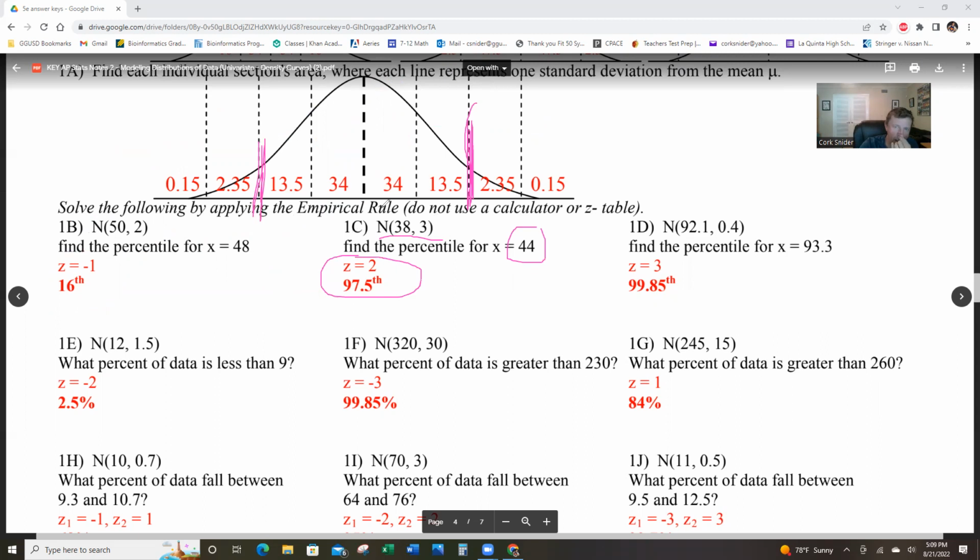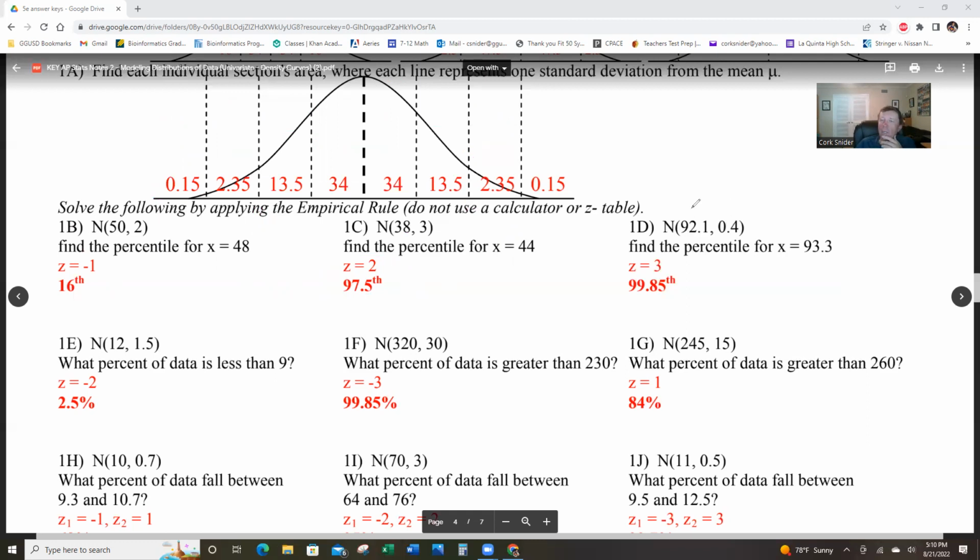So if that's 95% within 2, then 2.5% is down here and 2.5% is up here. So here all the way down would be 95% plus 2.5%, approximately 97th or 98th percentile. Generally, you don't put a decimal for a percentile, you round it to the nearest whole number.